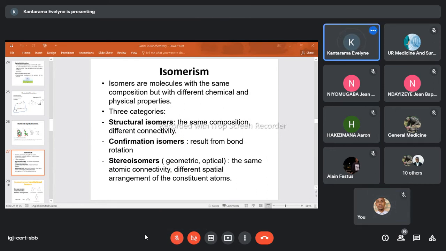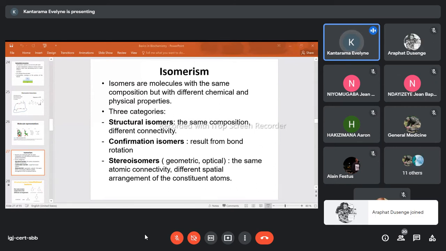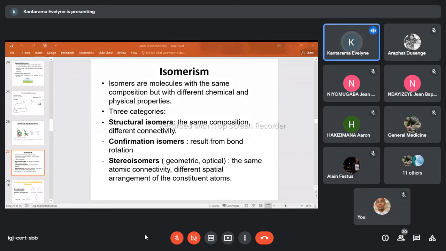Now, isomers are molecules with the same composition, I mean chemical composition, but with different chemical and physical properties.